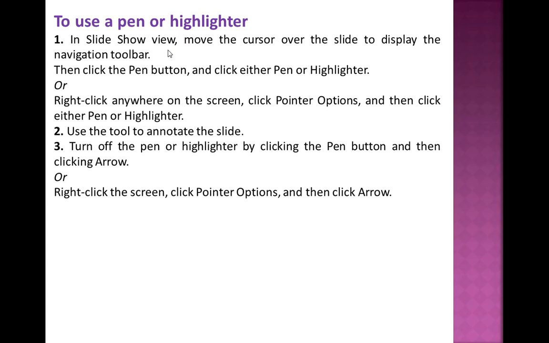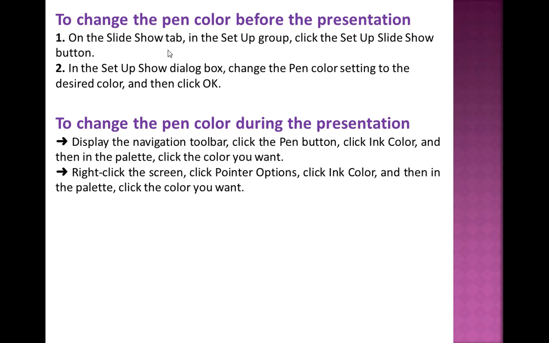Third point is turn off the pen or highlighter by clicking the pen button and then clicking the arrow. Or you can right click on the screen, click on the pointer option and then click arrow. This is how we can use the pen.